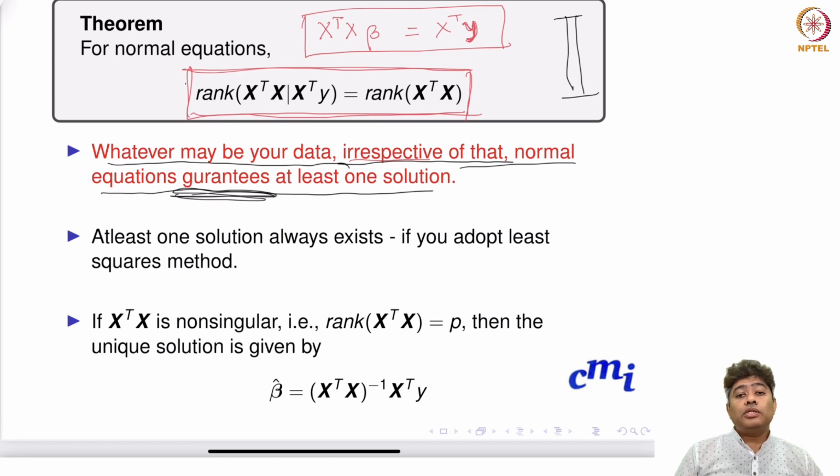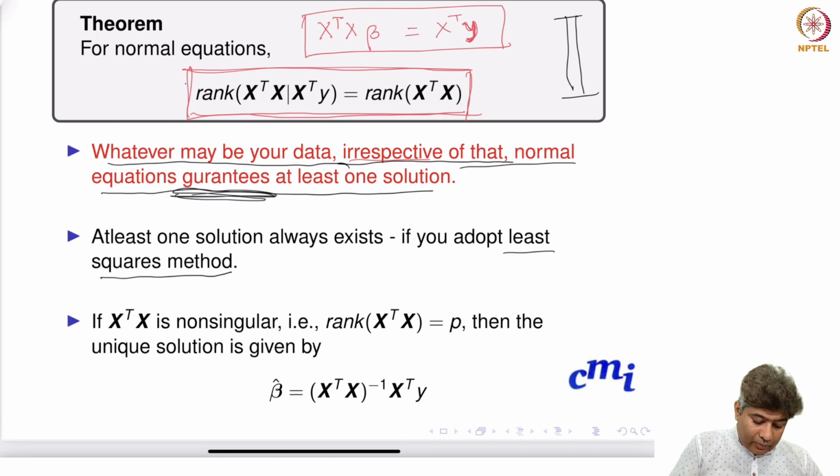At least one solution always exists if you adopt the least square method. If you adopt any other method, we don't know whether the solution exists or not for that method. But if you adopt the least square method, then at least one solution is guaranteed.